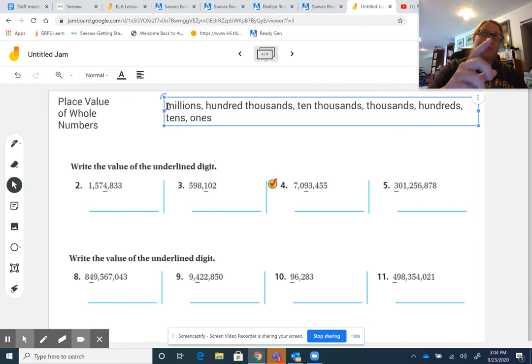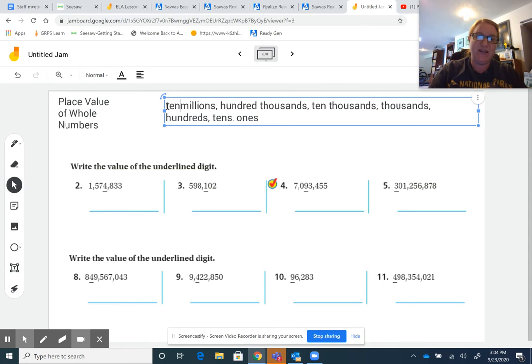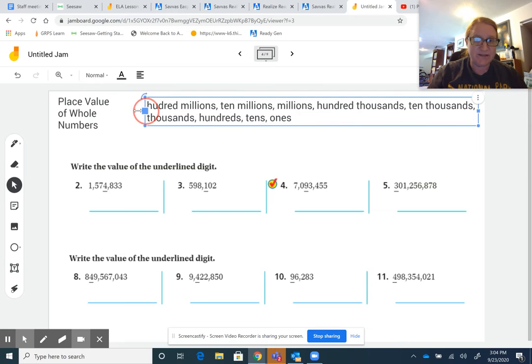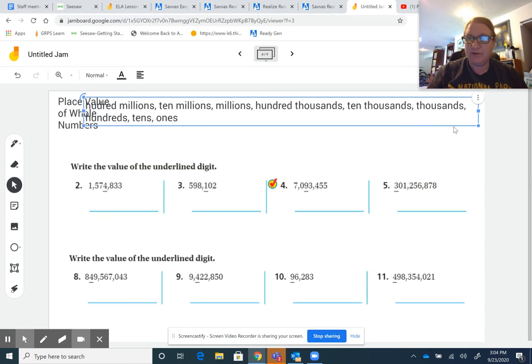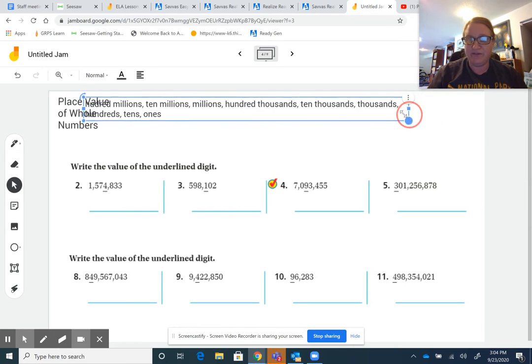Before millions would be 10 millions, and before 10 millions would be 100 millions. I don't see any of the numbers in the billions. So those are our basic place values that we'll be working with in 5th grade.